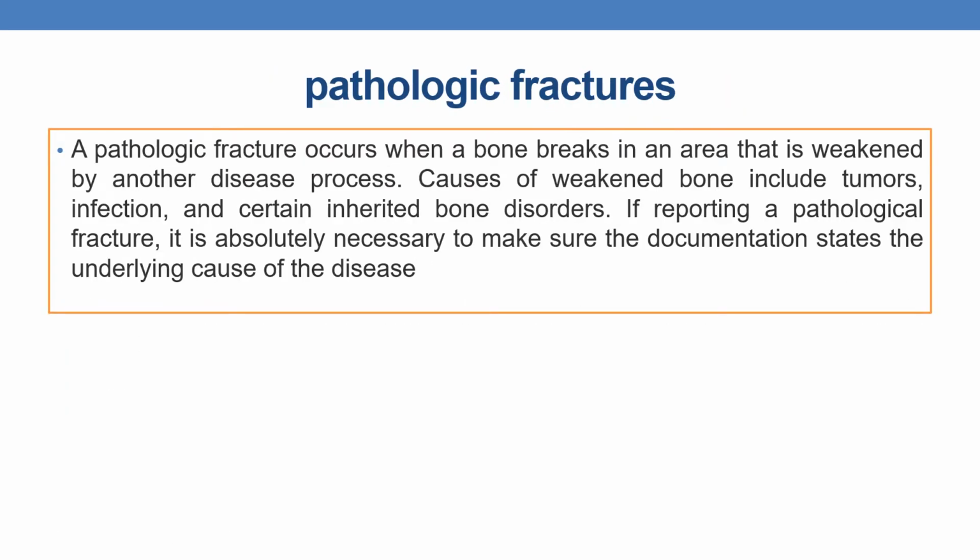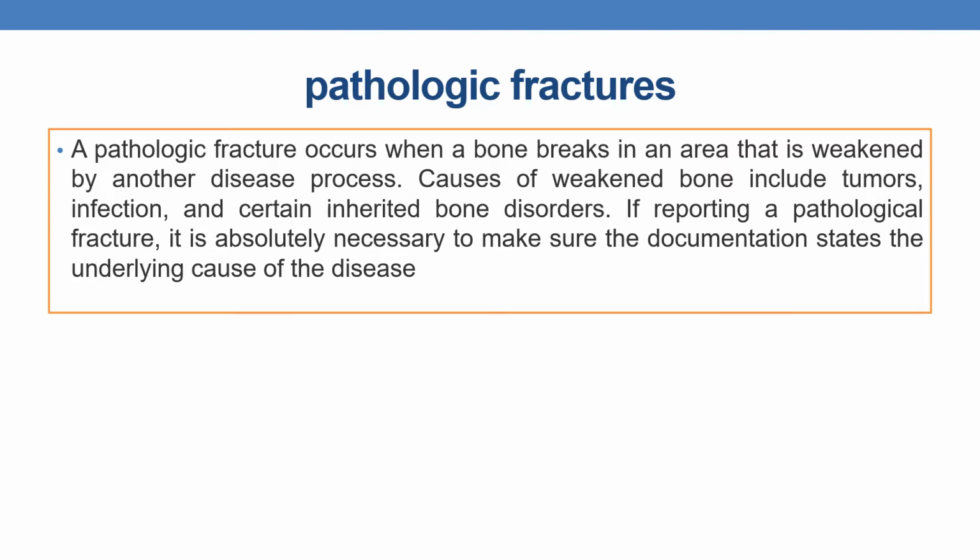Now coming to pathological fractures. What is a pathological fracture? A pathological fracture occurs when a bone breaks in an area that is weakened by another disease process. The causes for the weakening of bone include tumors, infection, certain inherited bone disorders, etc. If reporting a pathological fracture, it is absolutely necessary to make sure that documentation states the underlying cause of the disease.